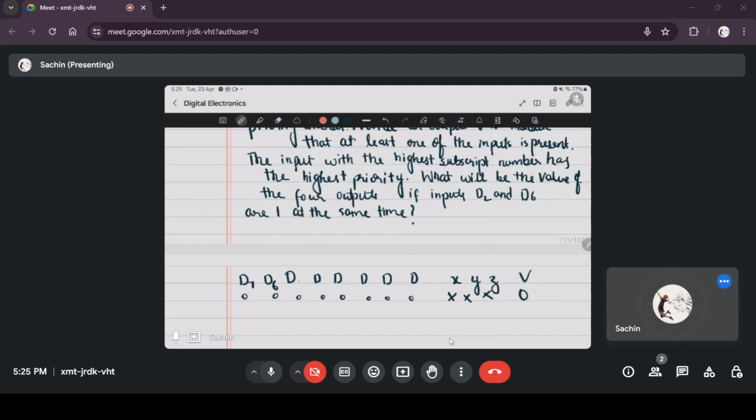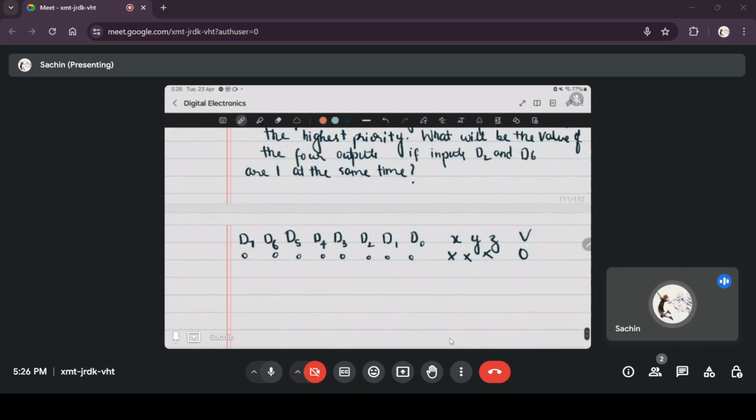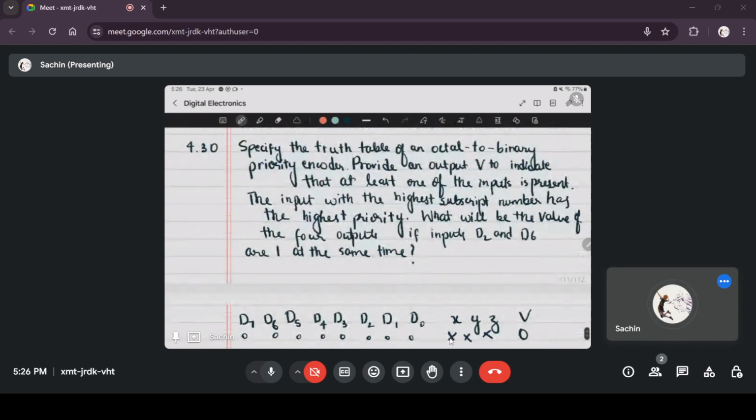Let me write the subscript in the reverse order, which is standard. Now the priority is given to the input with the highest subscript. So D7 has the highest priority.